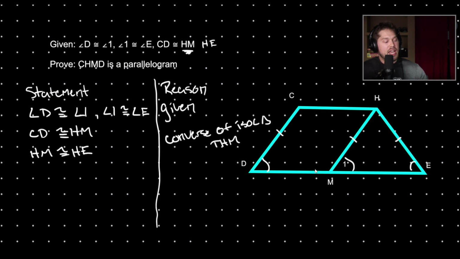And since D and angle 1 are congruent with one another, then by the converse of corresponding angles theorem, CD and HM are parallel. So CD is parallel to HM by the converse of corresponding angles.